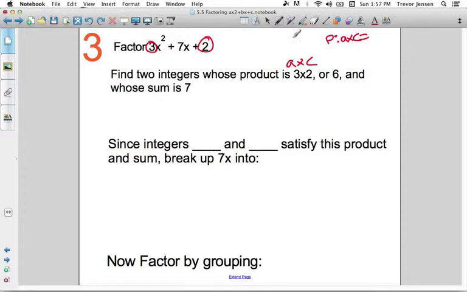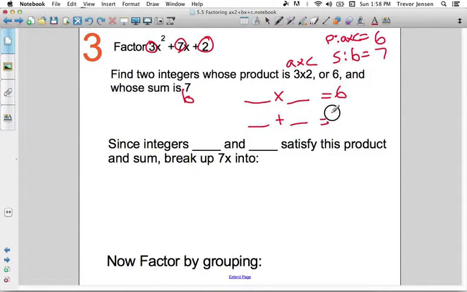So two numbers with a product of 3 times 2, which is 6, and a sum of our b value, which is 7. So what two numbers multiply to give us 6, yet also add to give us 7?